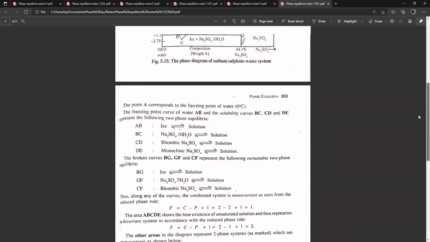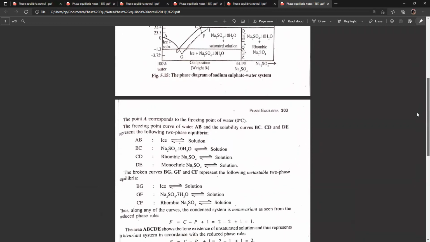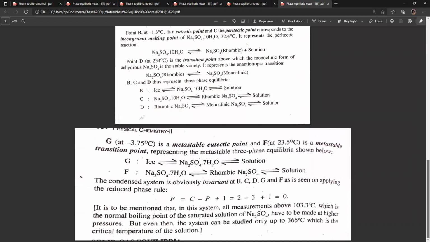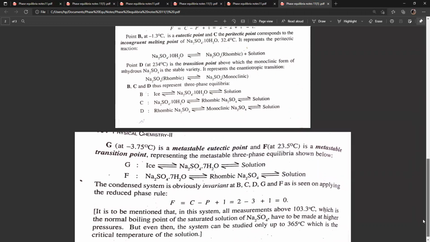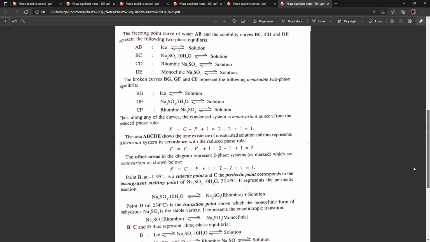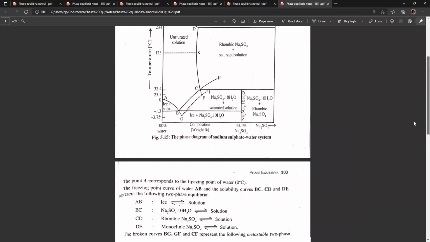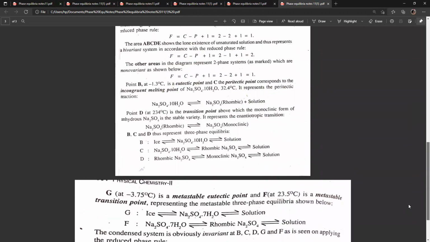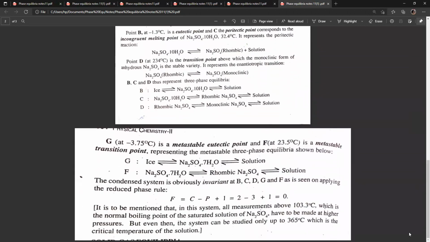Point G is the metastable point, where ice, Na2SO4·7H2O and the solution are in equilibrium, and this is the metastable eutectic point. Point F is another eutectic point, where the phases in equilibrium are Na2SO4·7H2O, rhombic sodium sulfate and solution.